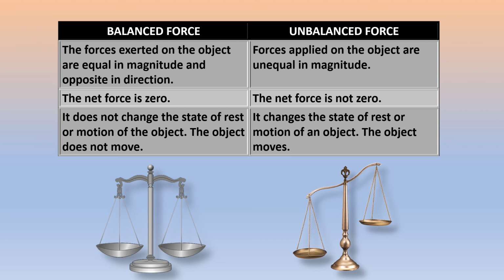But sometimes you have one team which is stronger and applying more force than the other team. So in that case, suppose we have the right hand team which is applying more force. That becomes unbalanced force, and that rope now starts moving in the right direction. And so the object, or the rope, moves.